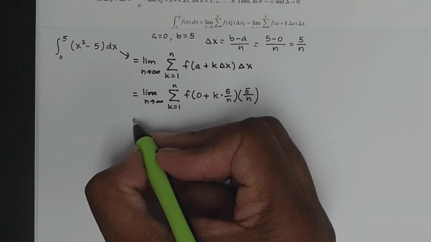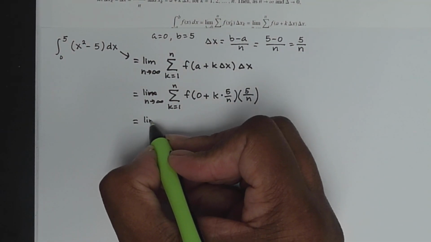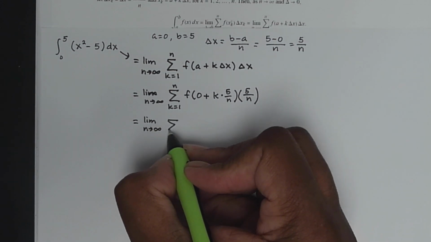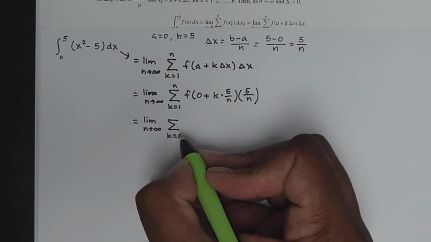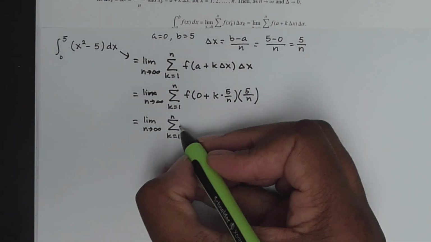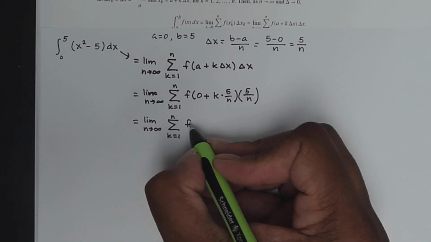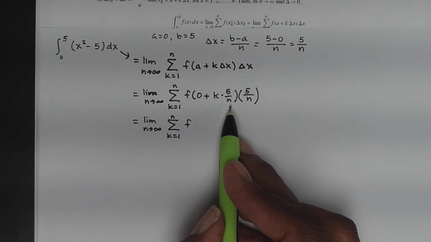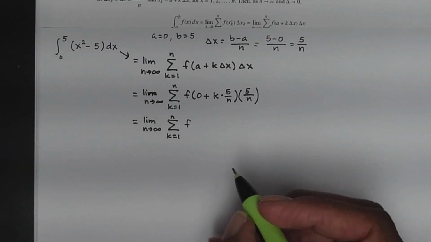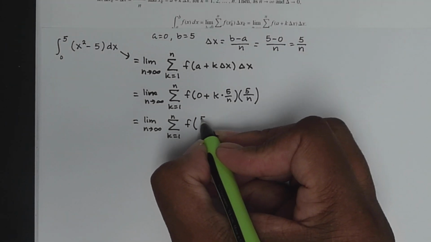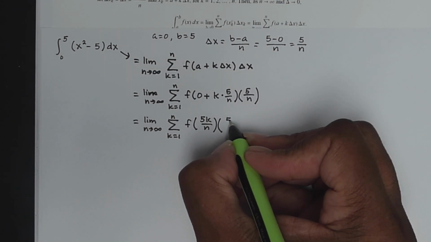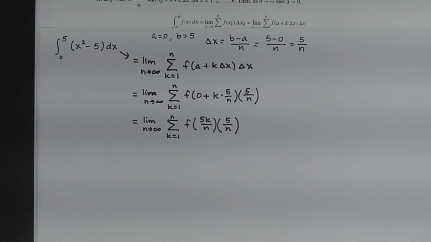And what I'm going to do is simplify this. I'll bring down the limit as n approaches infinity, and notice I'm going to continue to bring this notation down on each line. If I simplify 0 plus k times 5 over n, this will be 5k over n. So it'll be f of 5k over n, and that's going to be multiplied by delta x, which is 5 over n.